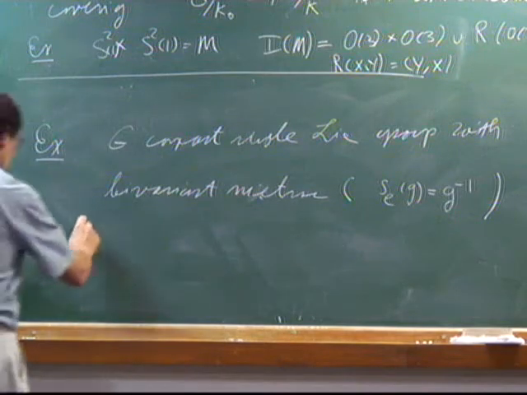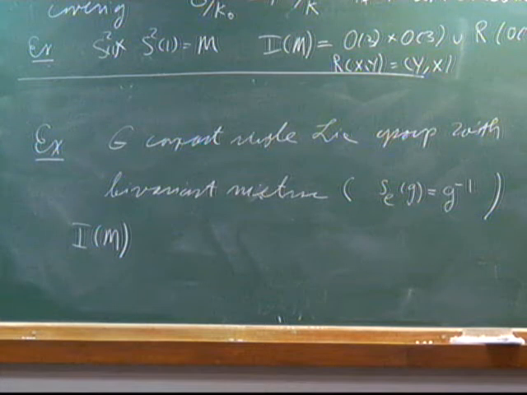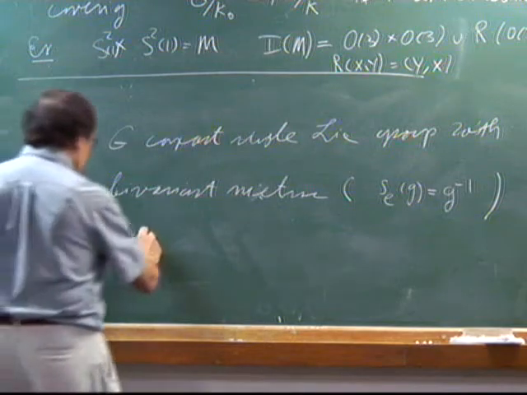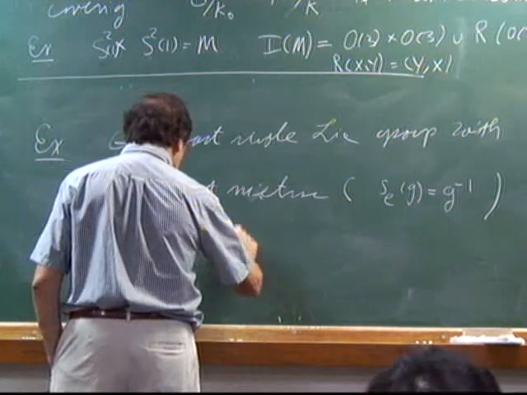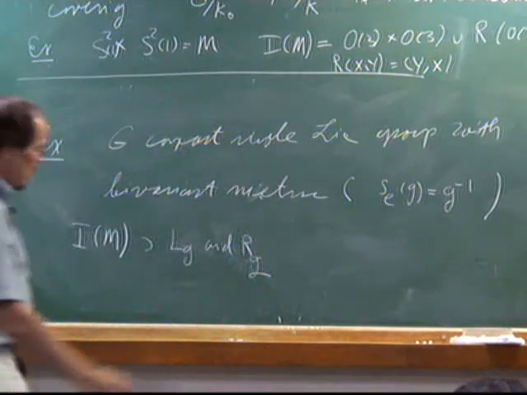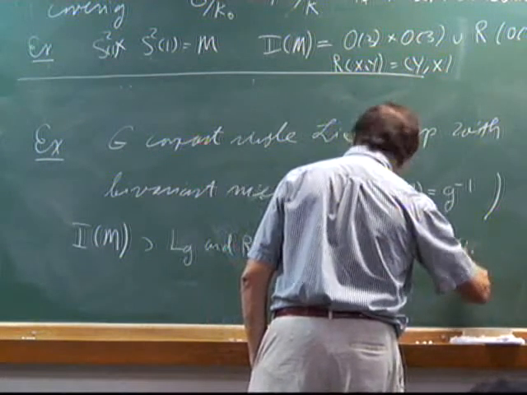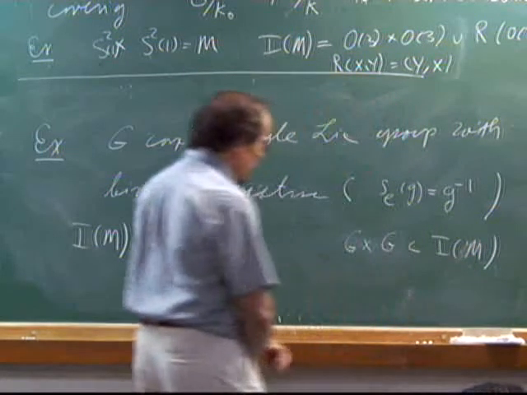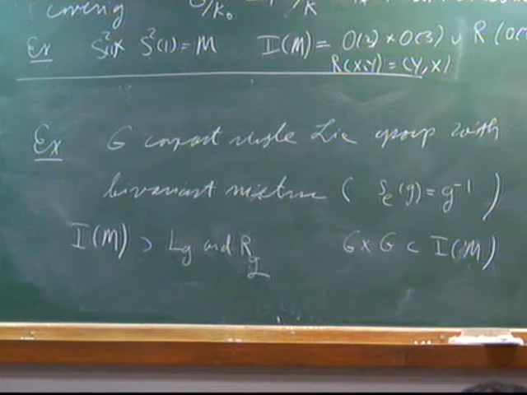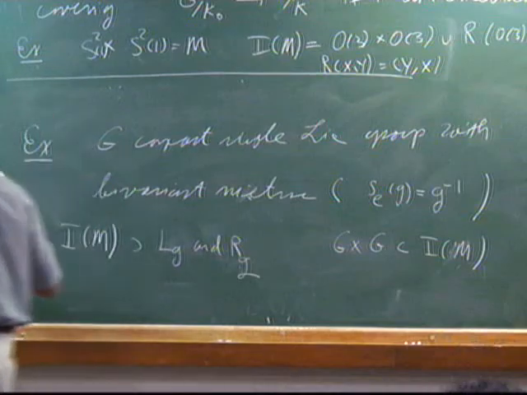But what's the isometry group? It certainly contains left and right translations, so sitting inside here are L_G and R_G. So I can say that G cross G sits inside the isometry group of the group G. It's a non-trivial question whether it's the whole isometry group or not.